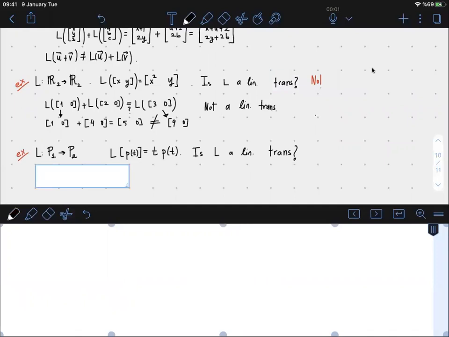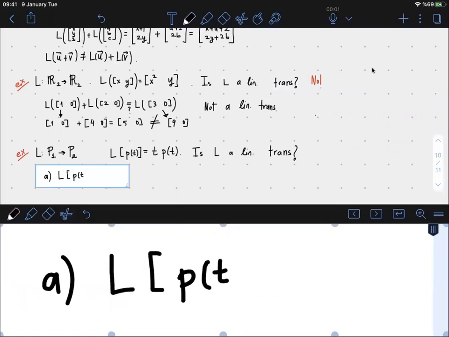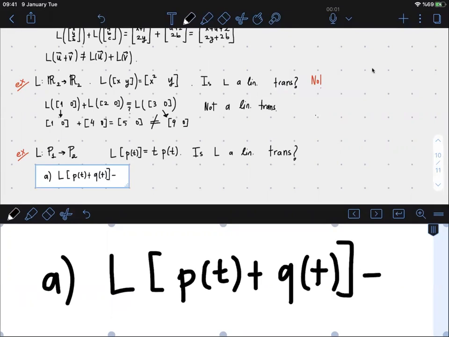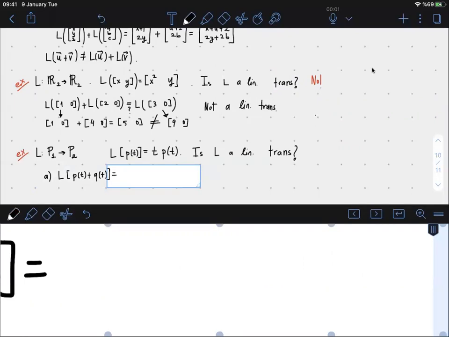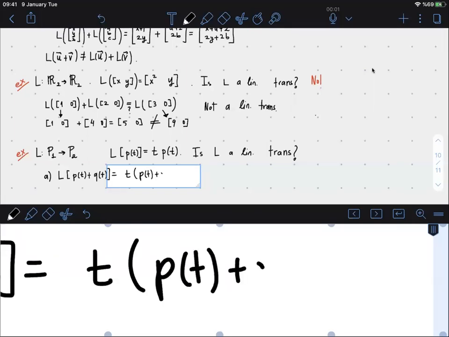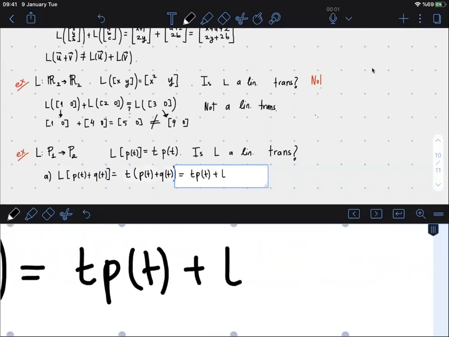Let's check the first condition. Let's take two polynomials p and q. If I add them, what do I get? The answer will be t times (p(t) plus q(t)). But now I can multiply this by t, right? So this is t p(t) plus t q(t).